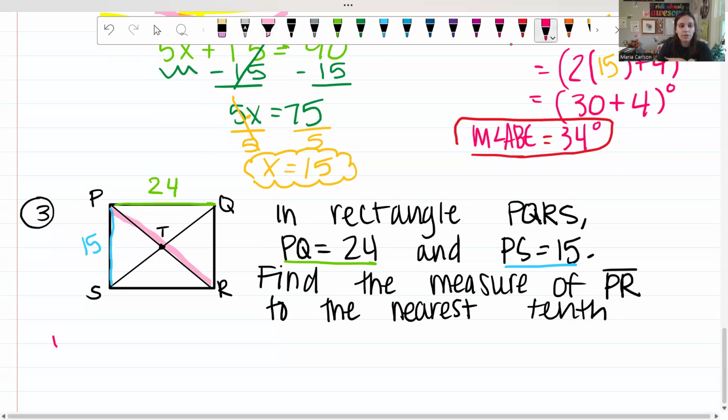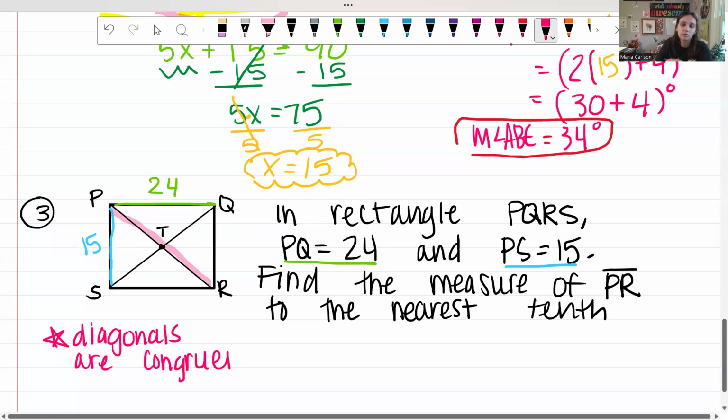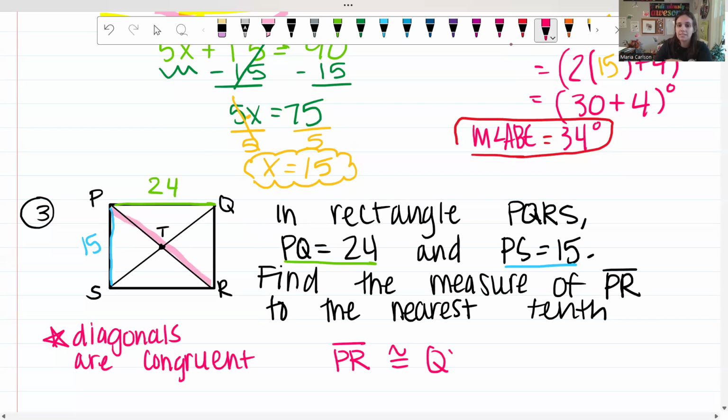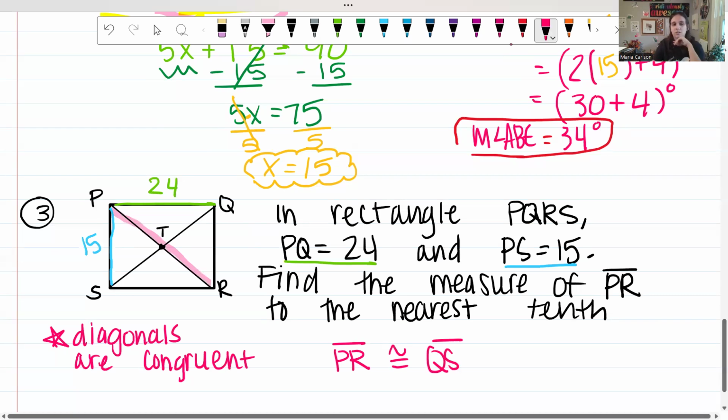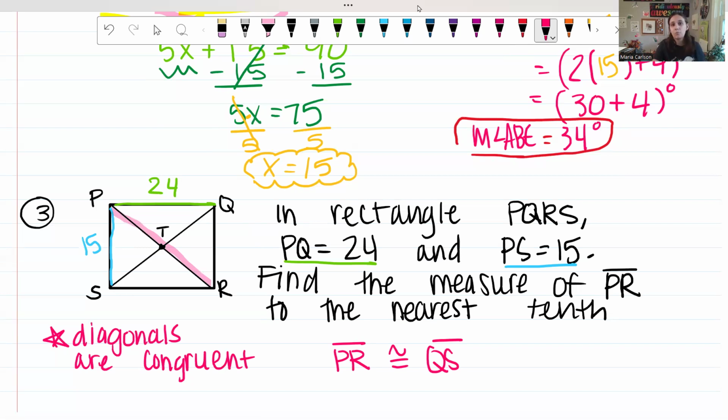And we know in a rectangle that diagonals are congruent, which means that segment PR is congruent to segment QS, the other diagonal. And I know 15 and 24. So how does that help me?